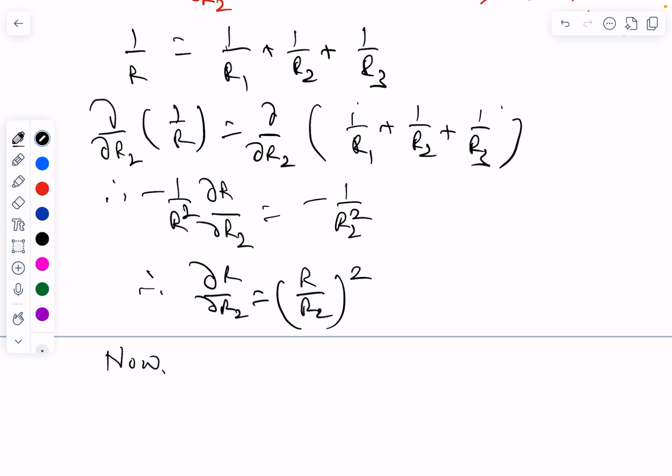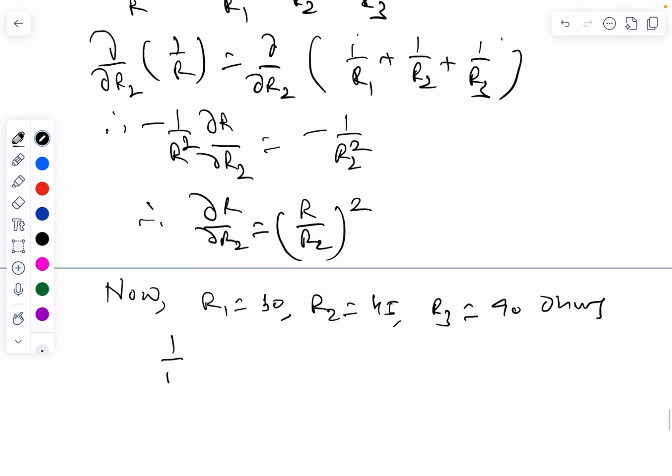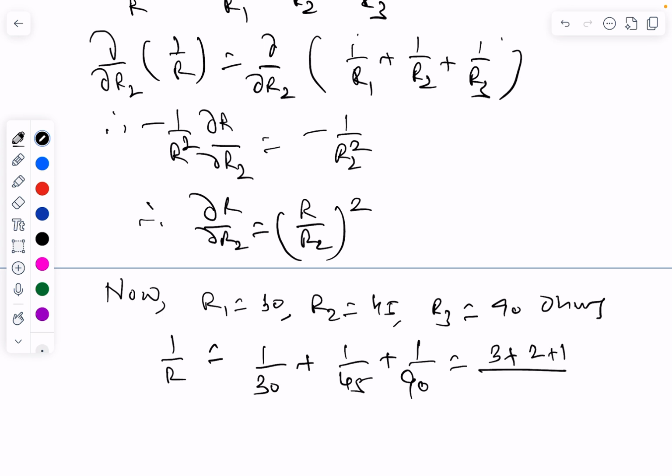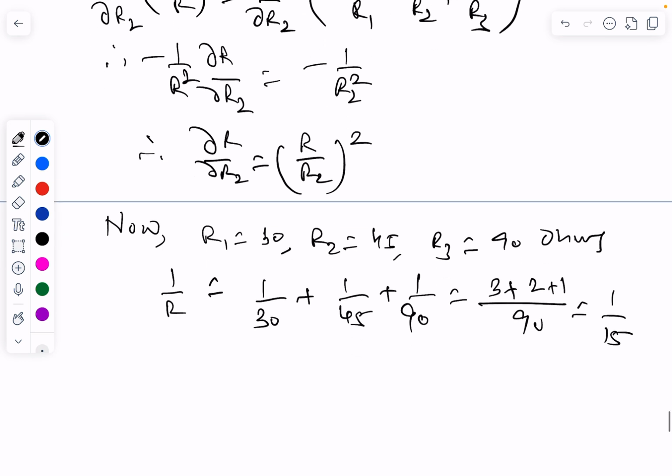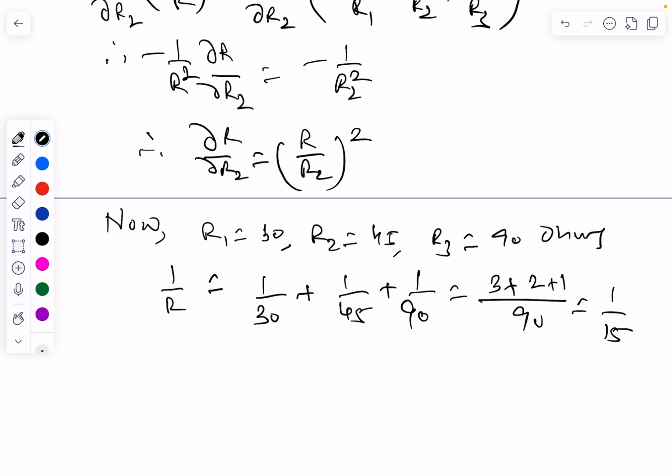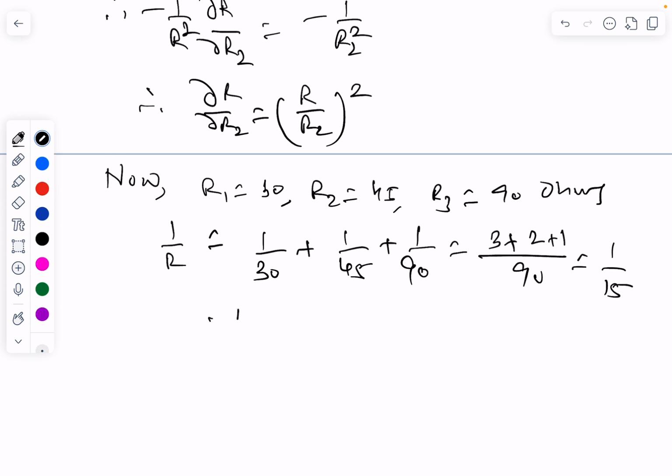Now R1 equal to 30, R2 equal to 45, R3 equal to 90 ohms. 1 over R is 1 over 30 plus 1 over 45 plus 1 over 90, which is nothing but 1 by 15, and so R is 15.